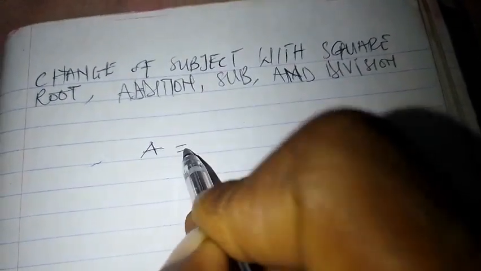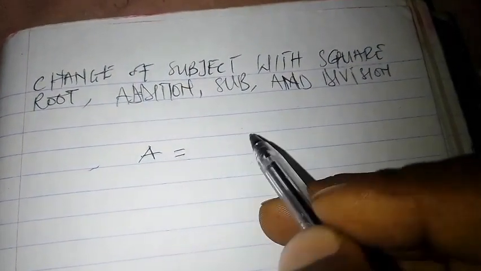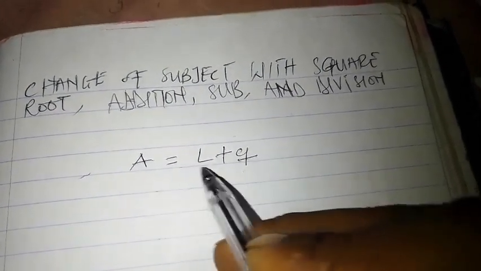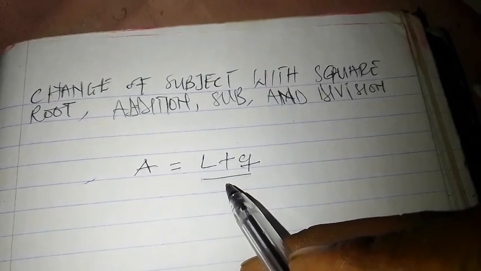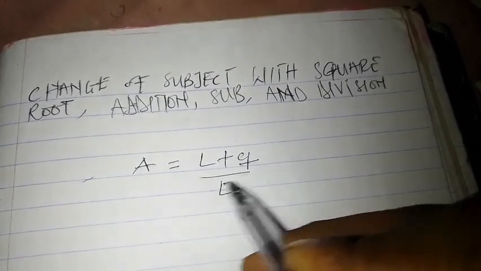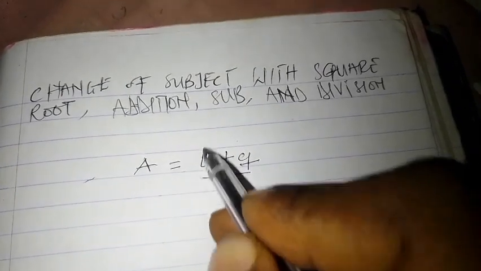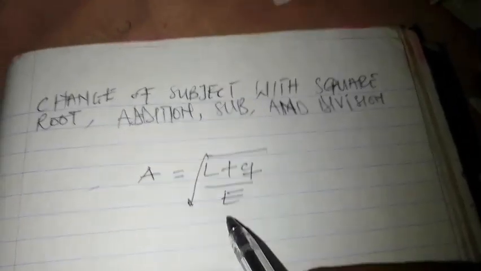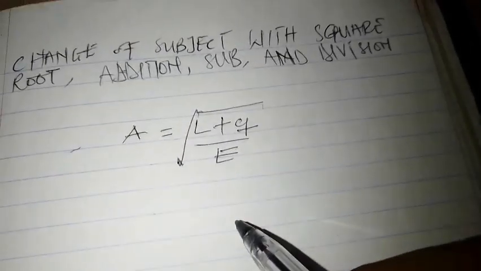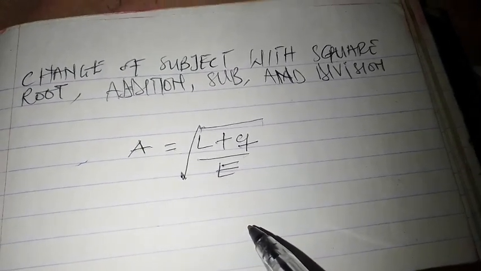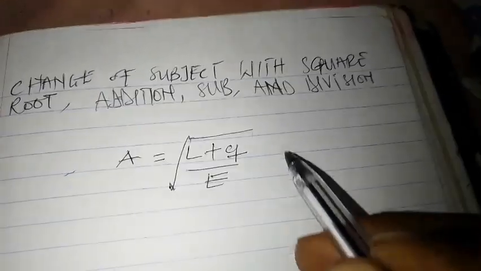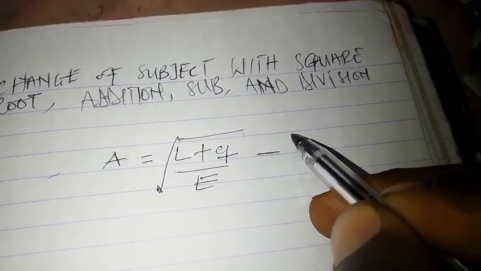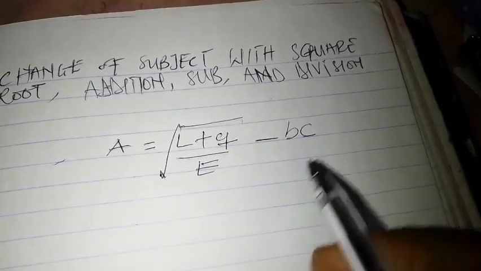So A is equal to L plus Q over E, square root, minus BC. Good.